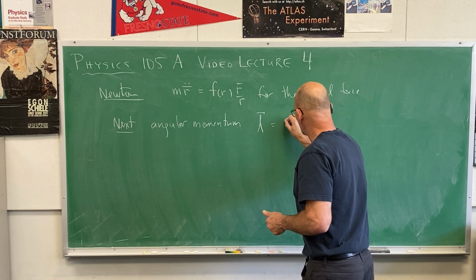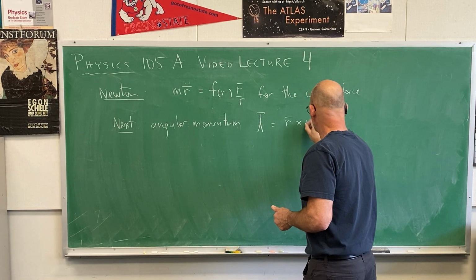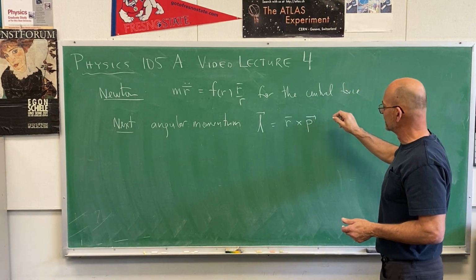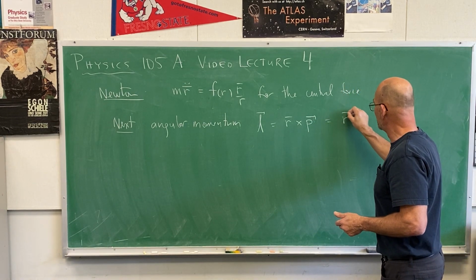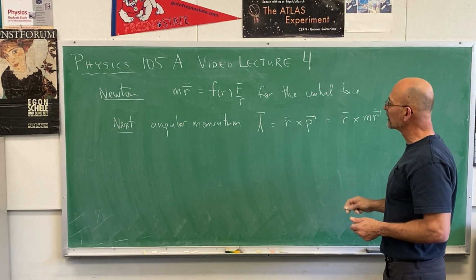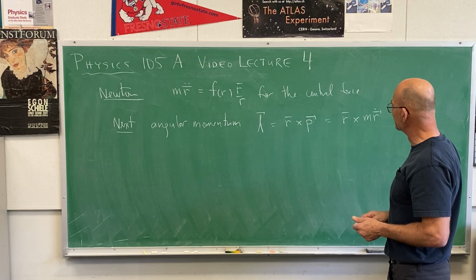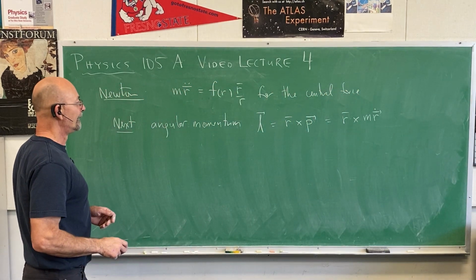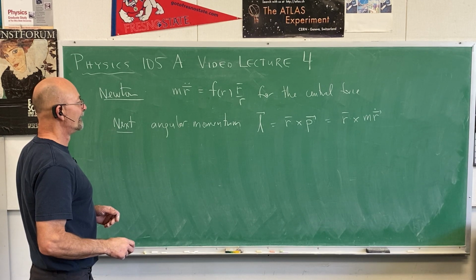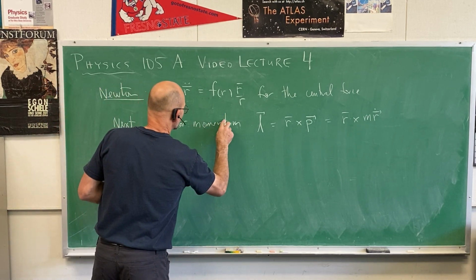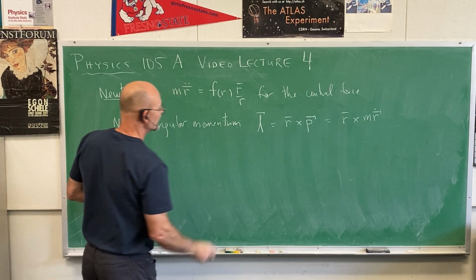That's r cross p, but we haven't even discussed linear momentum yet. So it's r cross m r dot. So that's our definition of the angular momentum. It's not the first time we've seen angular momentum. It's a little bit unmotivated right here, but it's very important.